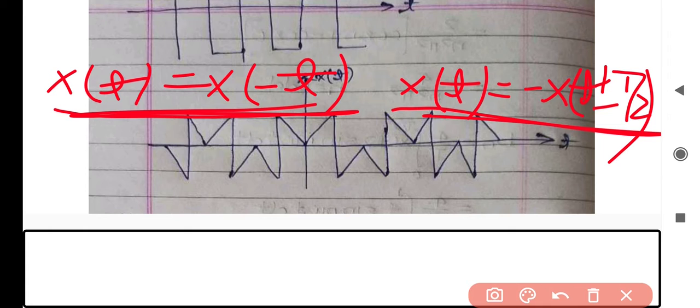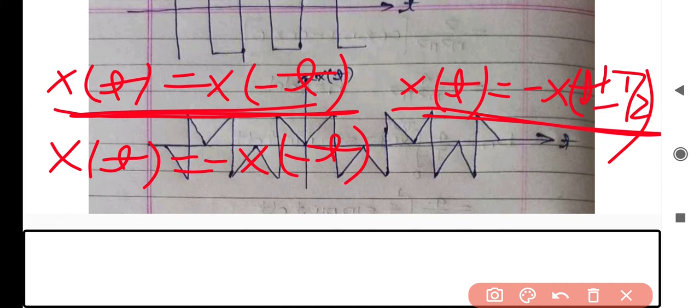So either the signal has x(t) is equal to x(minus t) or x(t) is equal to minus x(minus t), and along with any one of these, it has this condition also, then the signal is called a quarter wave symmetric signal.